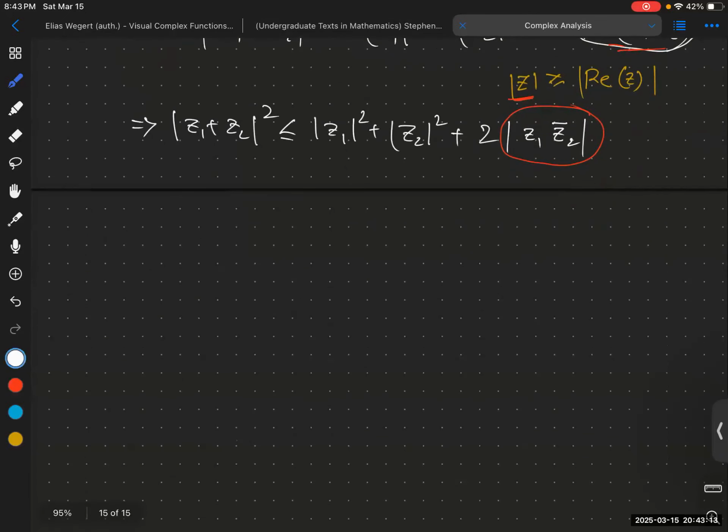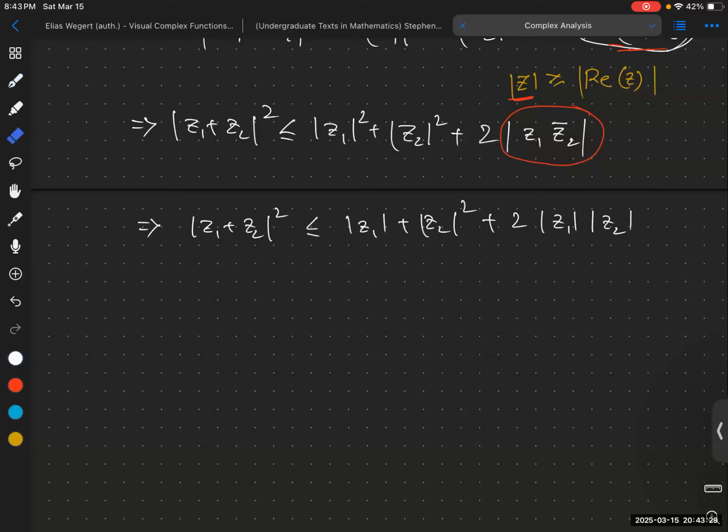Okay, so from here |z1 + z2|² is basically |z1|² + |z2|² plus 2 times the modulus of z1 z2 bar. So here it will be equality, sorry, still this is basically. So here we are just applying this property, that is the modulus of z2 bar is equal to the modulus of z2, and also the modulus of z1 z2 is the modulus of z1 times the modulus of z2.